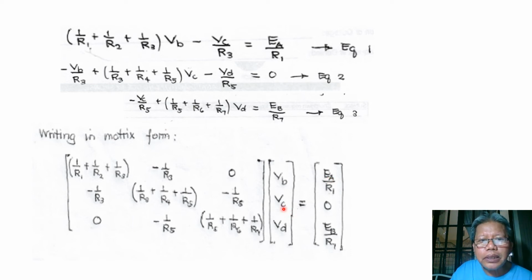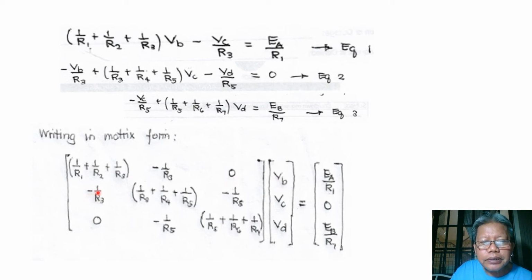Now for the second equation, it's now V_C that we are following. So the coefficient of V_C is this term. And then for the neighboring nodes, we subtract the voltages. So corresponding to V_B, we have this.